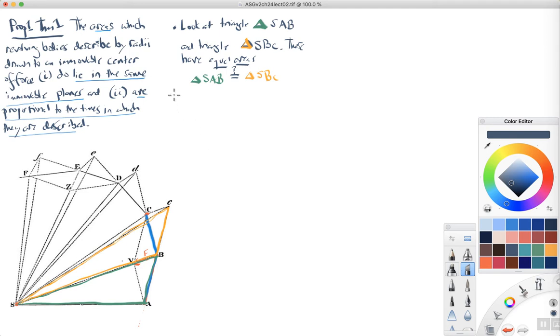Well, remember that the area of a triangle, you might remember this from your geometry class, is equal to 1/2 the base times the height, right? That's the area of any triangle. So let's look at what the areas of these two triangles are.